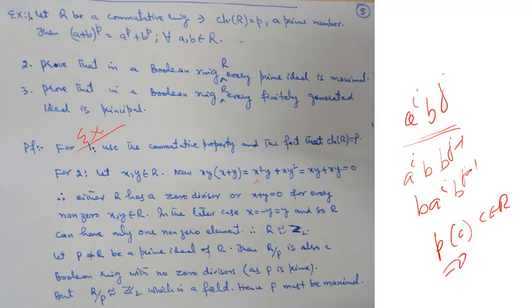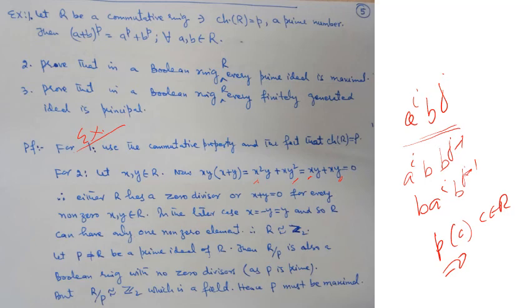And xy + xy is 2xy, and 2xy equal to 0 because the characteristic of a Boolean ring is 2. So xy(x + y) equal to 0.